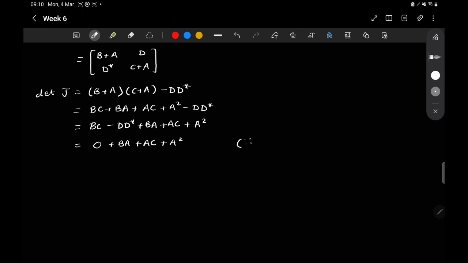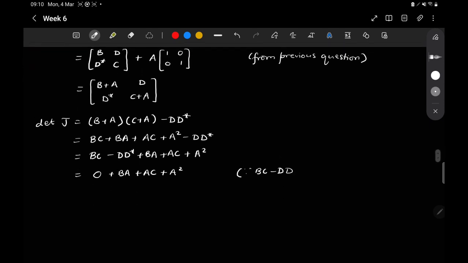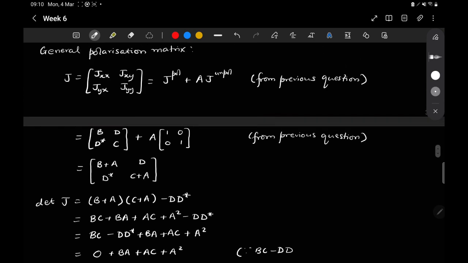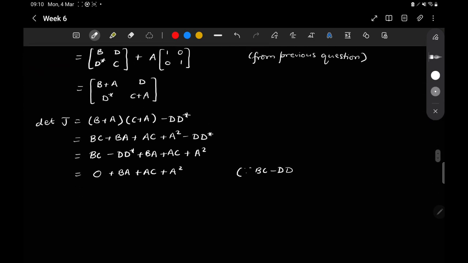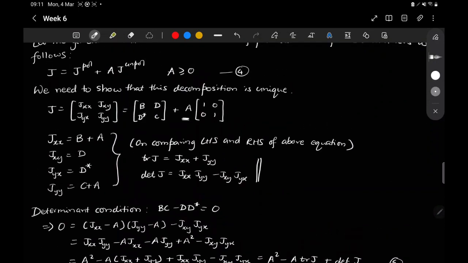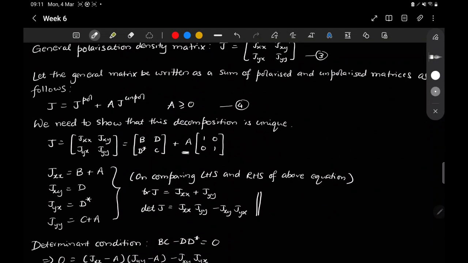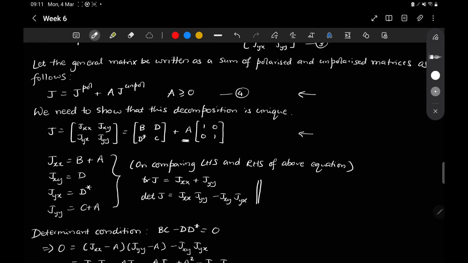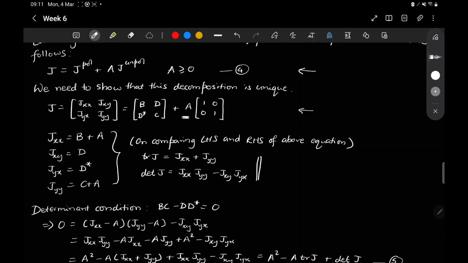Now this is because the determinant for the pure part, this polarized part over here, the determinant for this is 0. We saw this in the previous question. We can see that. So here we wrote this polarization matrix, then wrote it as the sum of polarized and unpolarized parts.